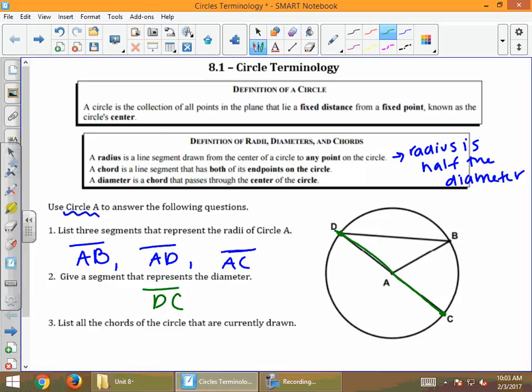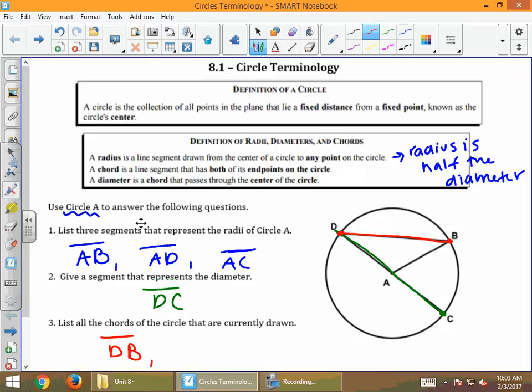List all the chords. What's one chord? DB. Very good. Its endpoints are on the edge of the circle. Here's an endpoint. Here's an endpoint. Then a chord is just a line. These endpoints are on the circle. What's another chord?